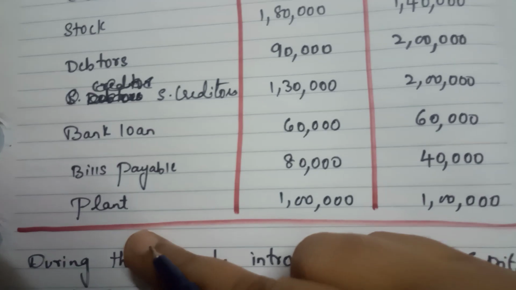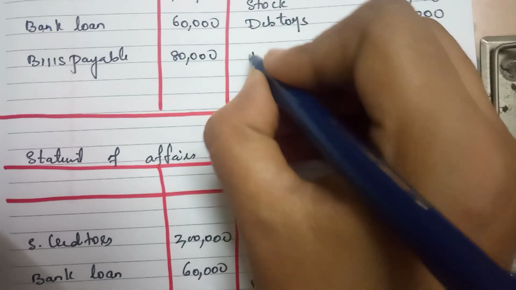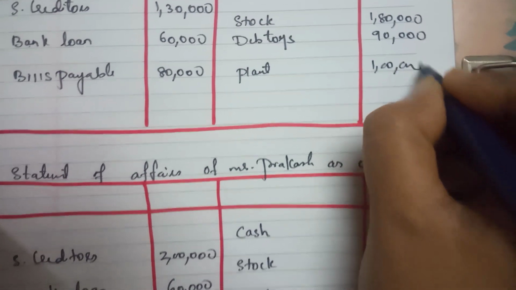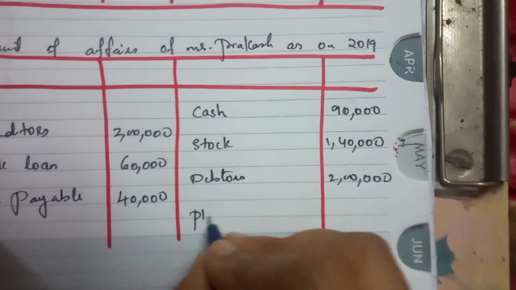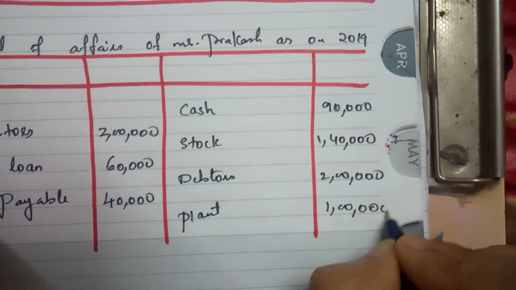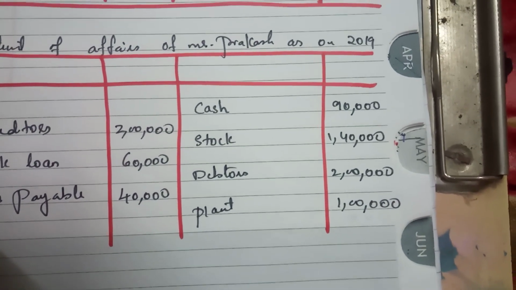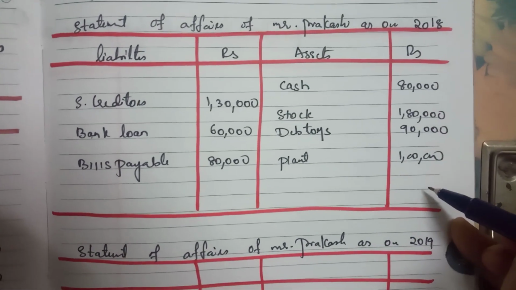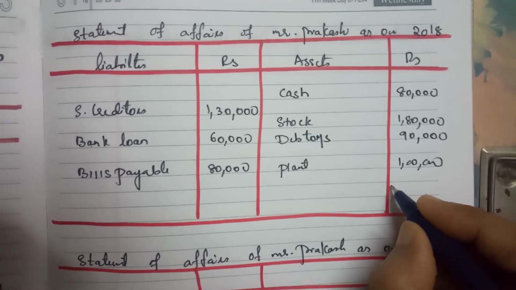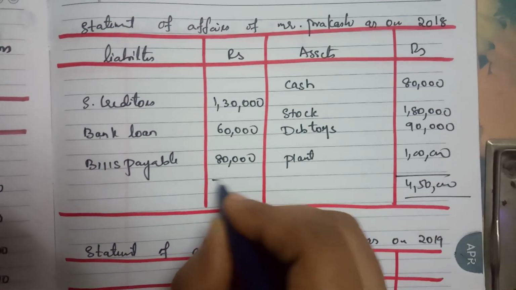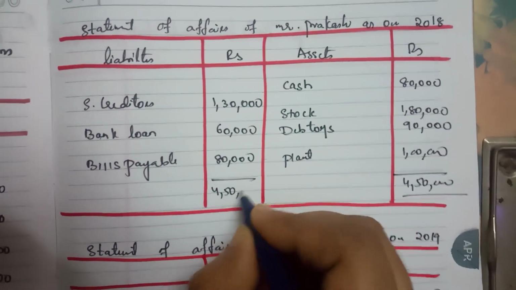Next we have plant. Plant is an asset. So plant, 1 lakh. Okay, now we will take the total of this. We'll get a total of 4,50,000, and here also you are going to post 4,50,000.